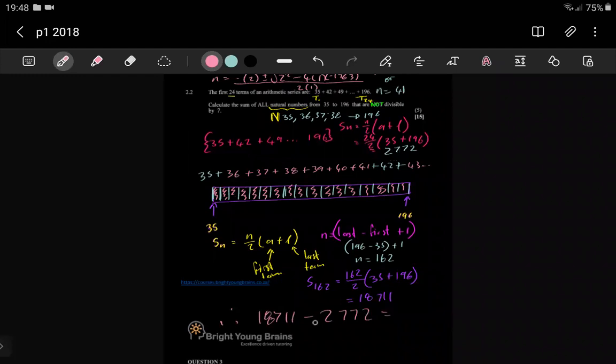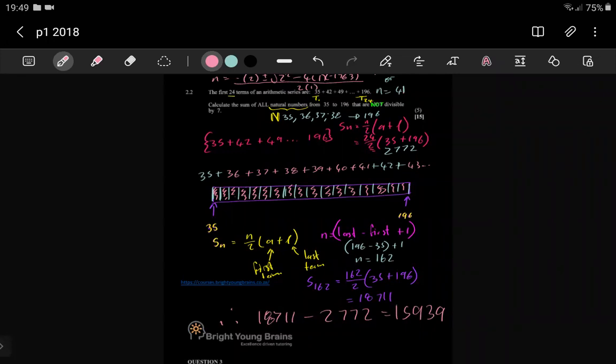That gives 15,939. That is going to be the number that you get if you add up all the numbers that are not divisible by 7.